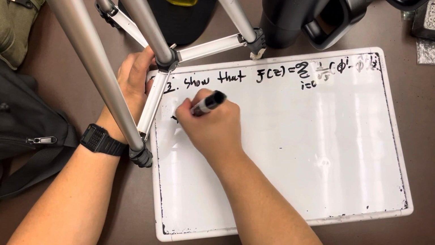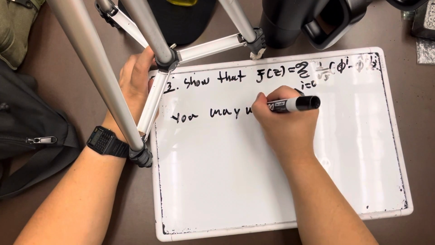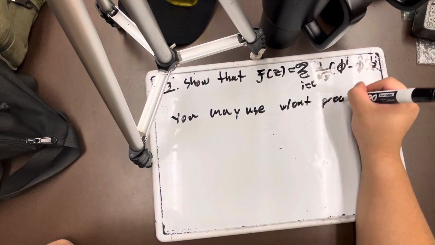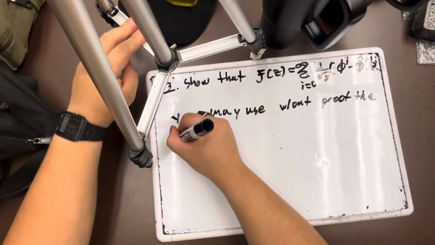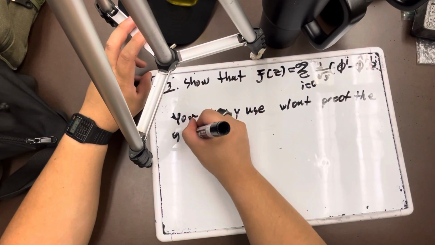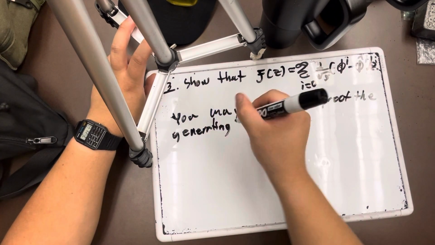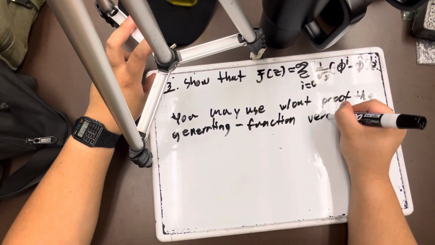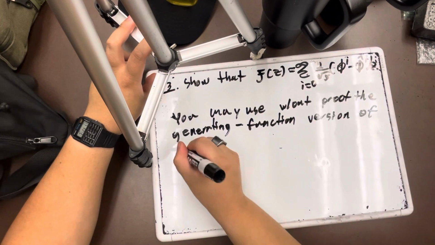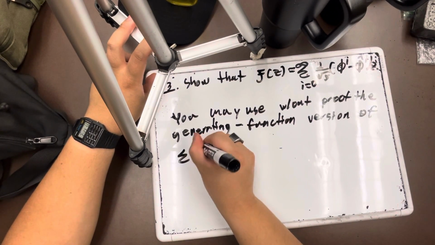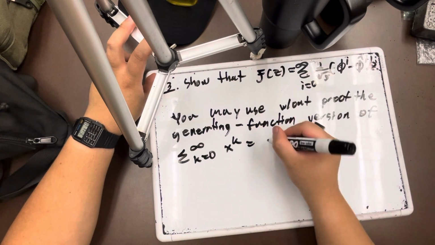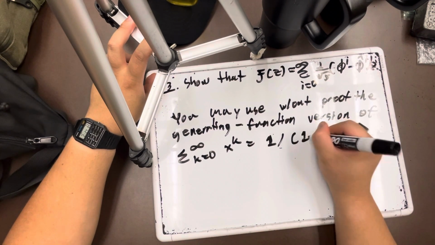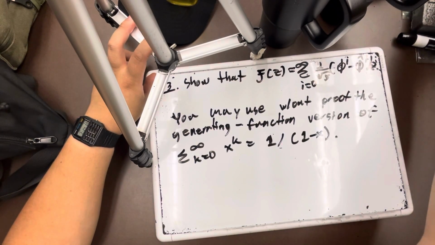And it says specifically here you may use without proof the generating function version of the summation k equals 0 to infinity of x to the k, which is equal to 1 divided by open parentheses 1 minus x close parentheses. Okay, now let's move on to part 4.